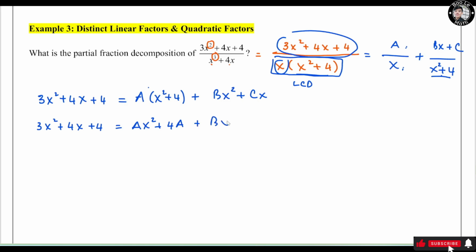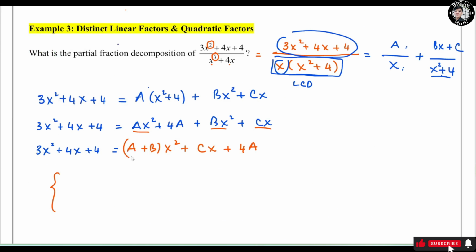Plus bs squared plus cs. Now I need to rewrite this one as this guy and this guy have the same common factor s squared. I factor s squared out, so it will be a plus b times s squared, right? And plus cs plus 4a. So basically, a plus b right here equal 3, right?